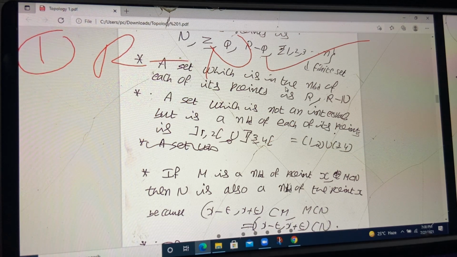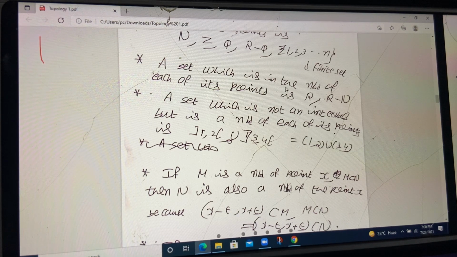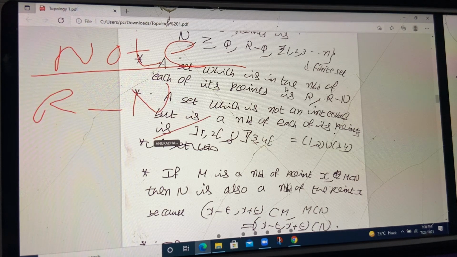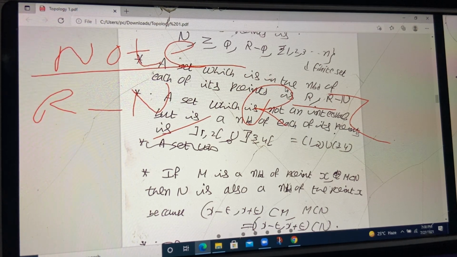Below that, write down another note. Take this as a note. R minus N, comma, R minus Z are unions of intervals, but not an interval. Union of intervals, but not an interval.